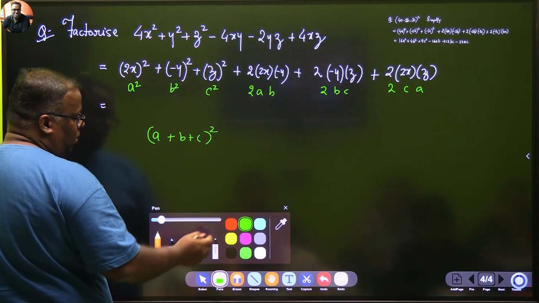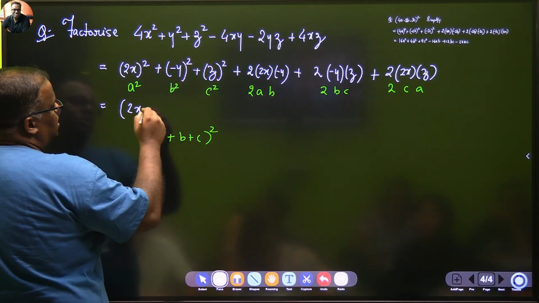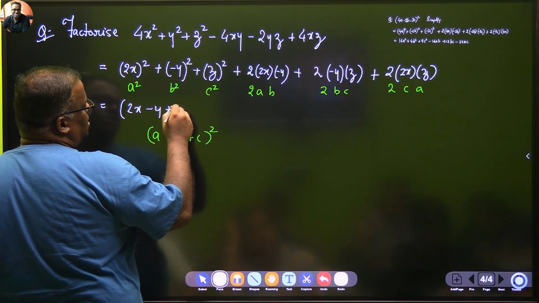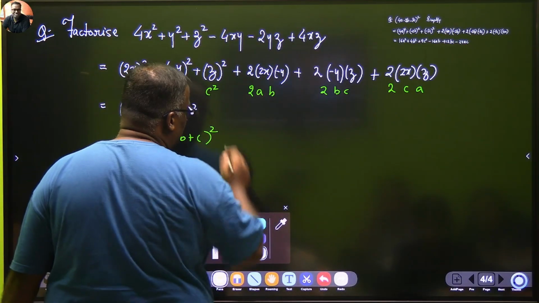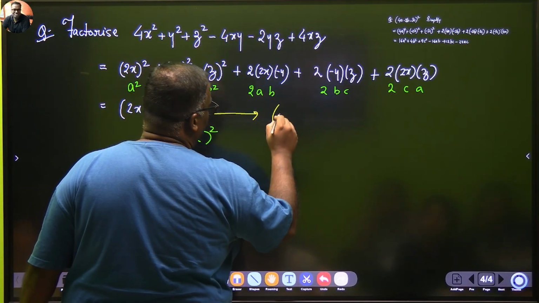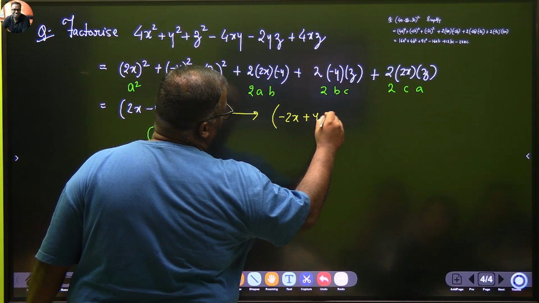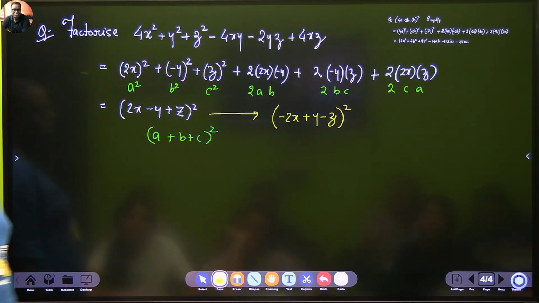So let us put our identity now. Our A is how much? 2x. Plus B, but this is minus y, plus C means it will be plus z, whole square. And if I would have gone by Wakul's method of solving, my answer would have come (-2x+y-z)².